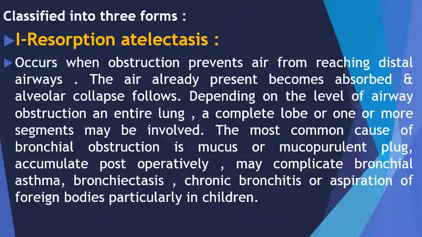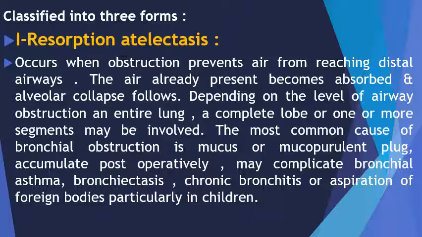We classify atelectasis into three forms, according to the cause: resorption atelectasis, compression atelectasis, and cicatrization atelectasis. In the first form, resorption atelectasis, an obstruction prevents air from reaching the distal airways.